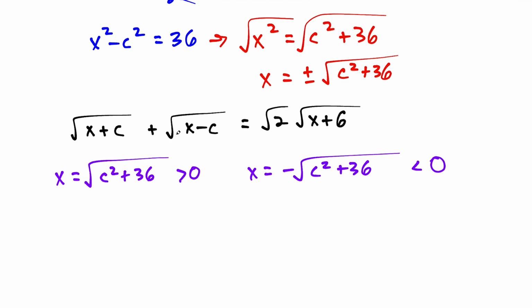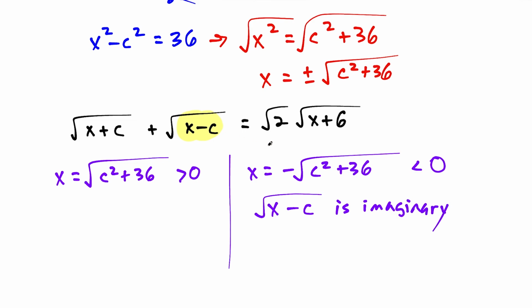So now if we focus on this piece over here, if we were to plug into this, we would have the square root of x minus c, in this case, we would say is imaginary. Because if we are replacing the x with something negative, and then we do minus c, which is a positive constant, a negative minus a positive number is going to be negative. So we're taking the square root of a negative, which would give us something imaginary.